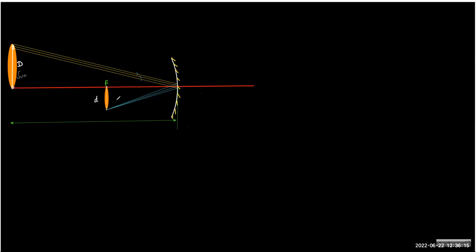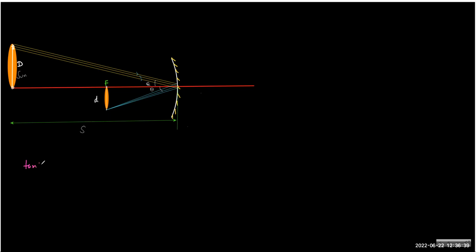And from the laws of reflection, can we say this angle must be same as this angle? So if I take the distance of the sun from the earth as s, because that's exactly the distance from the mirror to the sun, because we are on the earth, can we write tan theta?